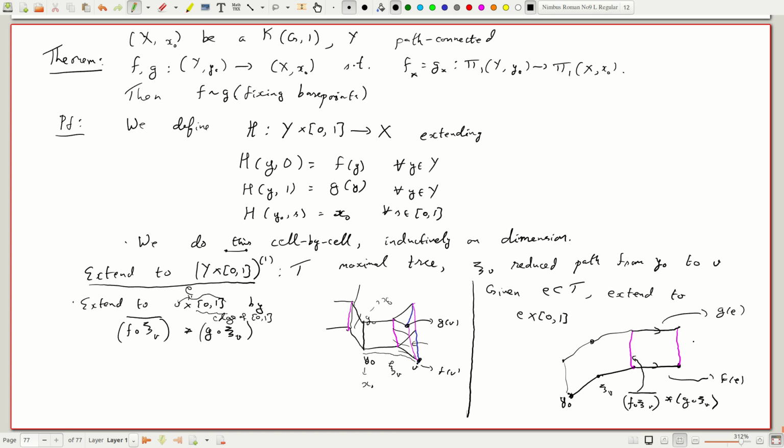We have done all this once before when we showed trees were contractible. It's exactly the same calculation. And on the other hand, on this path, this is f composed with xi v star e bar star g composed with xi v star e.